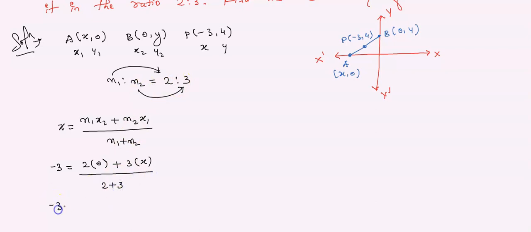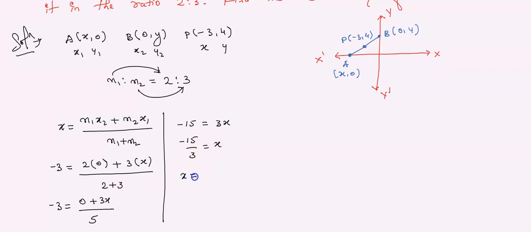Now minus 3 is equal to 2 zeros are 0 plus 3x by 2 plus 3 is 5. Solving the next step here, 5 into minus 3 is minus 15 is equal to 0 plus 3x is 3x. Then minus 15 by 3 is equal to x. So the value of x is minus 5.